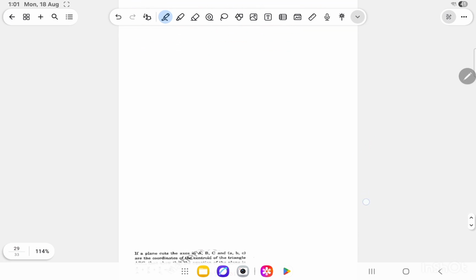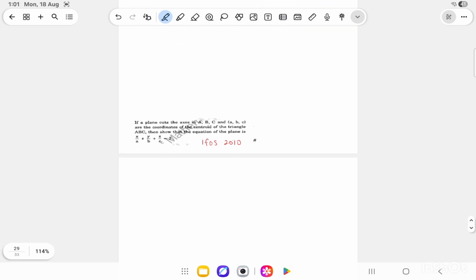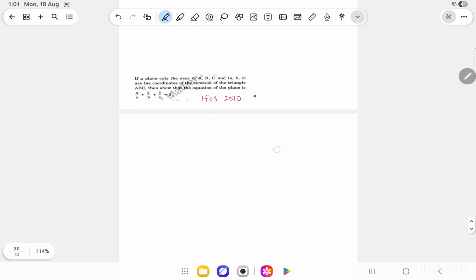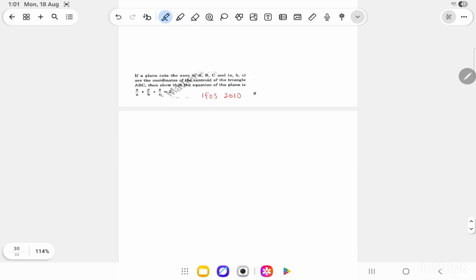The next question is, if a plane cuts axes in A, B, C and a, b, c are coordinates of centroid of triangle ABC, then show that equation of plane is this. This one is also similar to the previous question which we have discussed. If a plane cuts axes in A, B, C, let us assume an equation of plane.